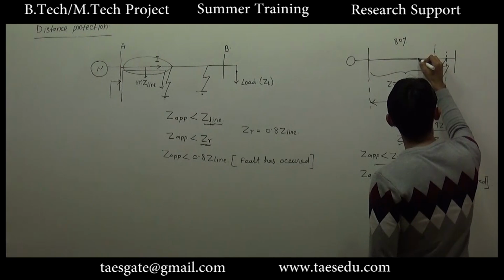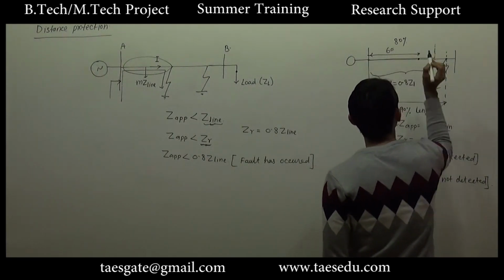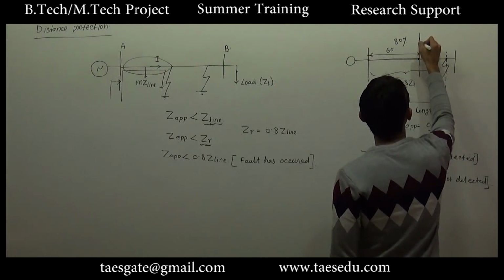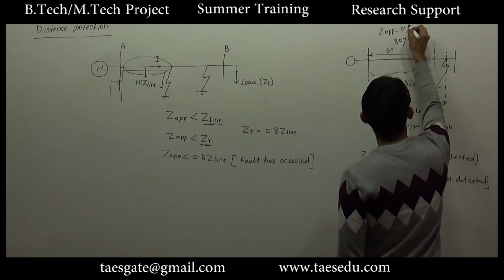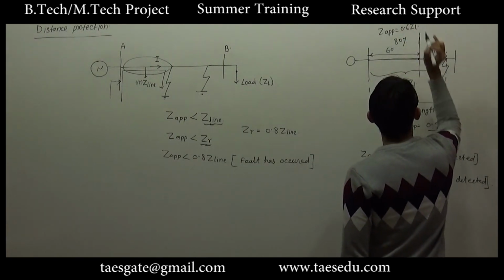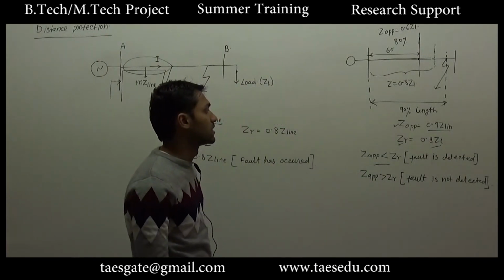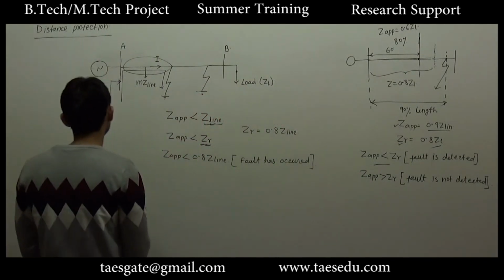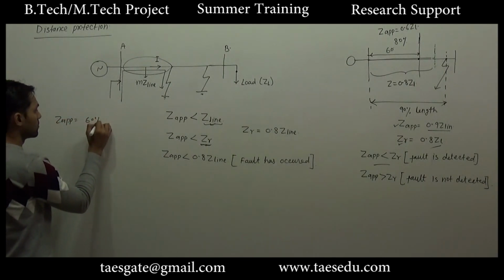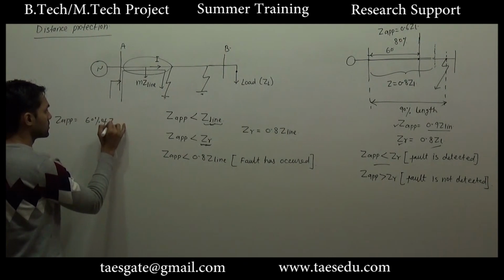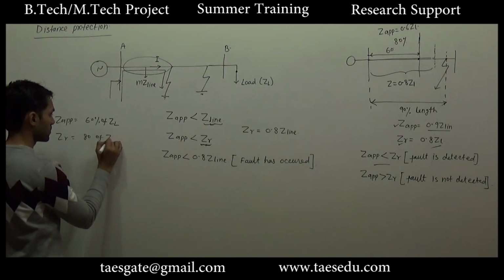What about this point? Let's say this represents 60% of the line. So up to this point the impedance seen by the source will be 0.6 into ZL and the reference is 0.8 into ZL. Apparent impedance is 60% of ZL and reference is 80% of ZL.